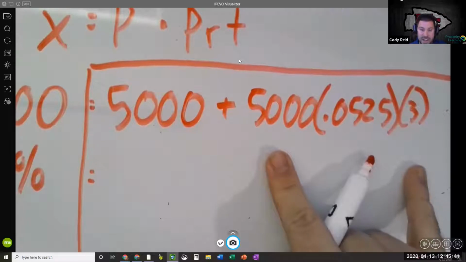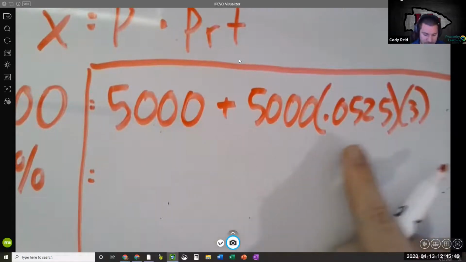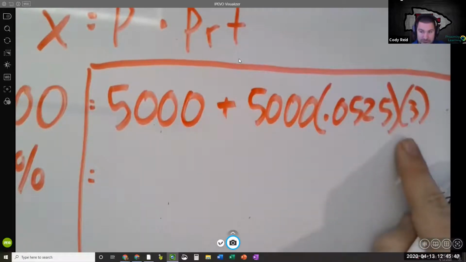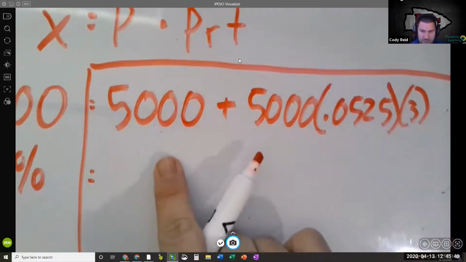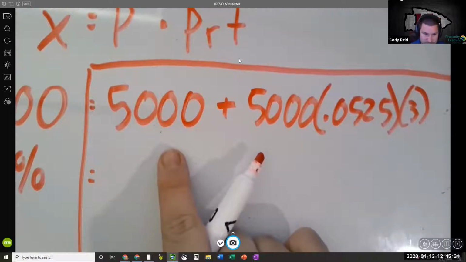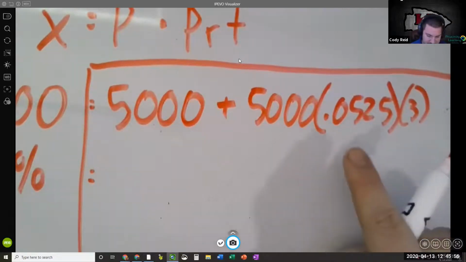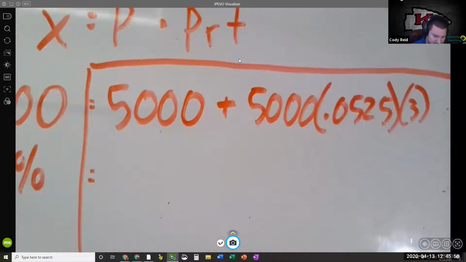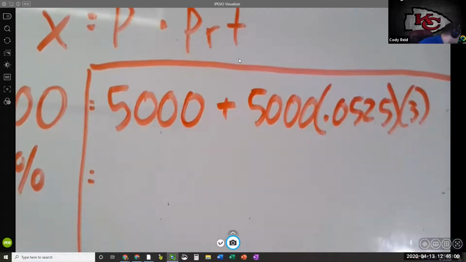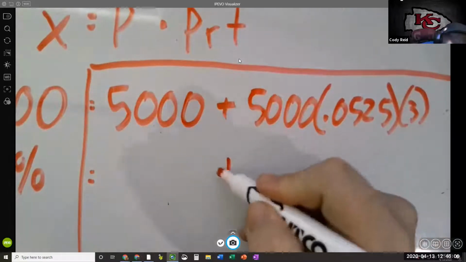But because it asked how much money is total, not only do we have to figure out how much money we've made, we have to add that to what we started with. So when you do 5,000 times 0.0525 times 3, that will give us $787.50.